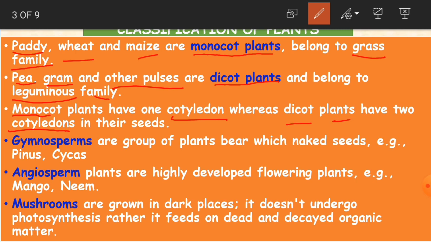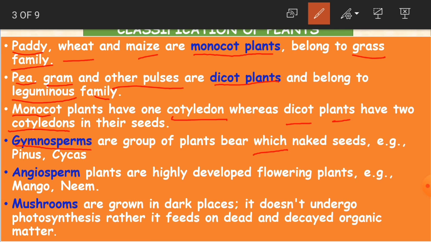Okay, and now what are gymnosperms? Gymnosperms are a group of plants that bear naked seeds. For example, pinus, cycas, and so on. So what are they? They are flowerless plants, children.